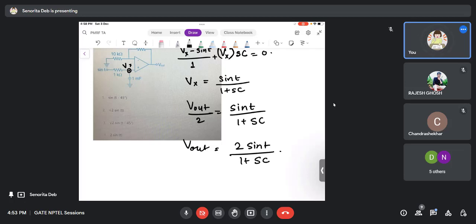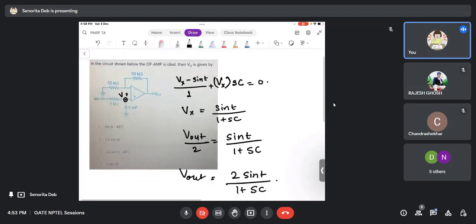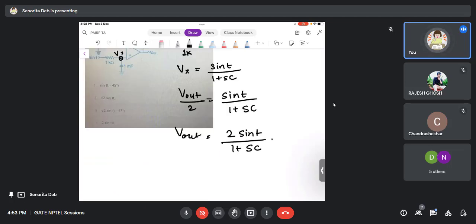Yes, here this was 1k, so we are not seeing the R term here. Otherwise you will see a term capital R, because RC is your omega. Anyways, this is 1 plus SC.